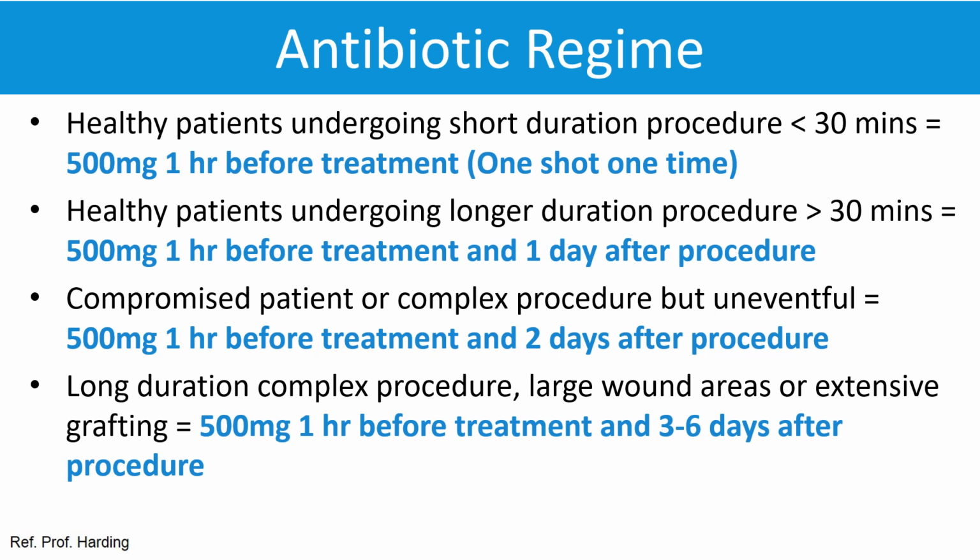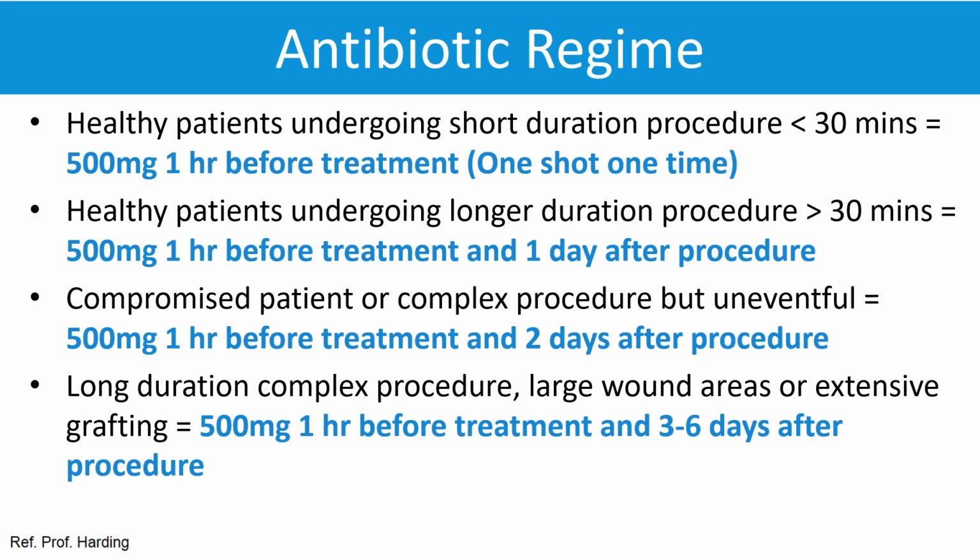Now, if we have a compromised patient, and what I mean by compromised patient is one that has perhaps got a systemic condition such as diabetes. Now, obviously these patients will be controlled because we shouldn't be carrying out implants on patients that don't have a controlled condition. But they are perhaps more at risk of developing surgical site infections following the procedure.